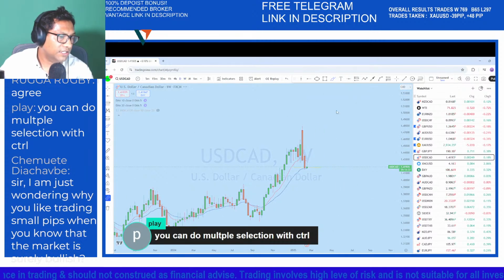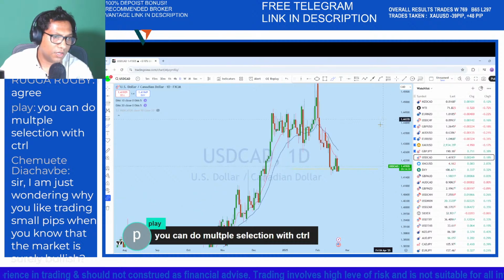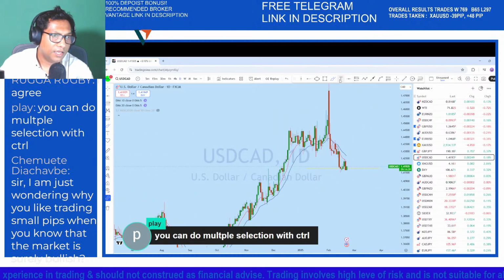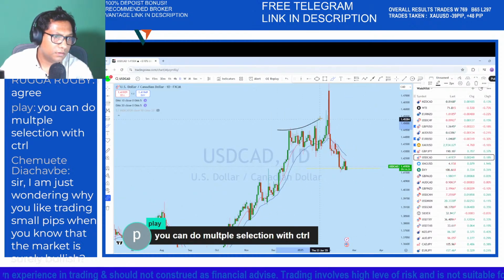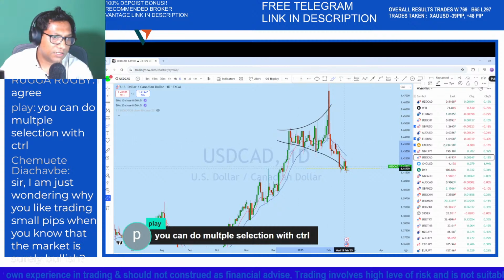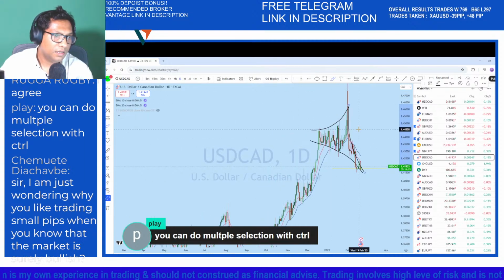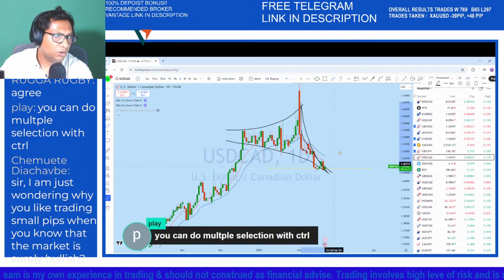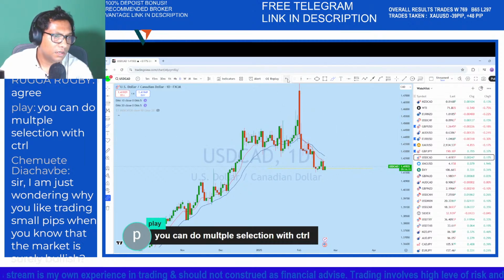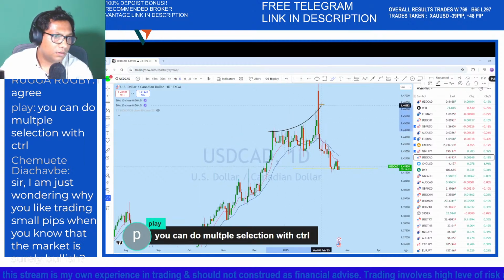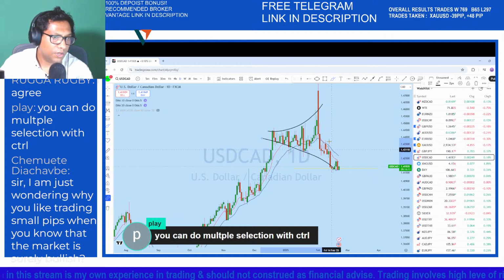And if we look at the daily, the daily price action here as well, this is an expanding structure on dollar CAD, this way, and then this way.